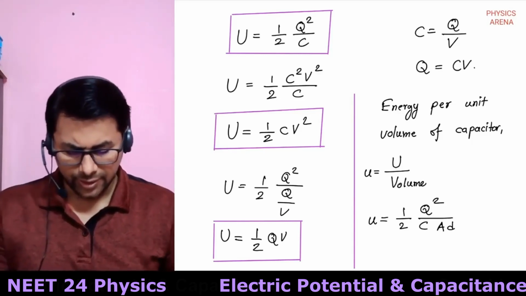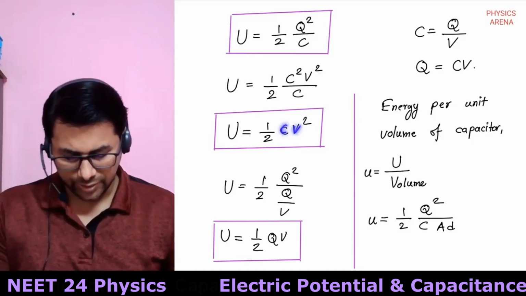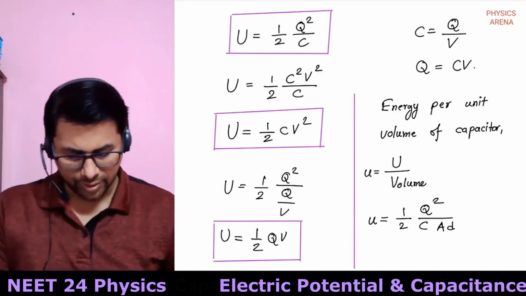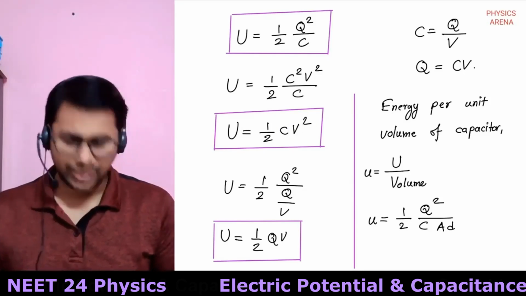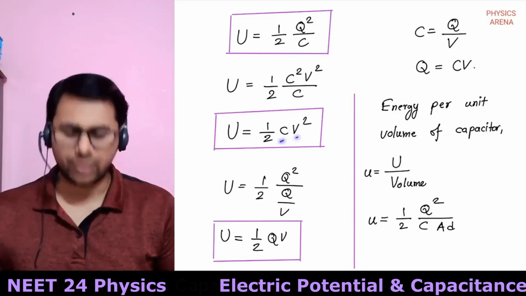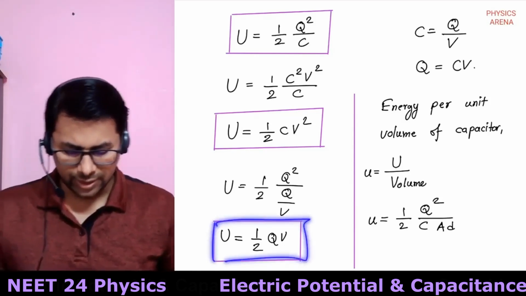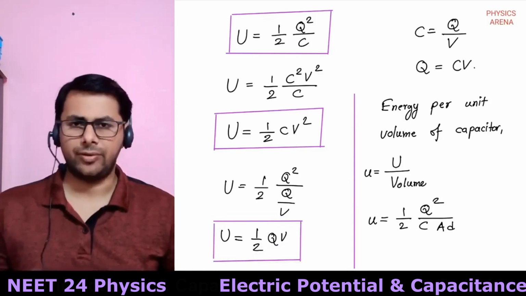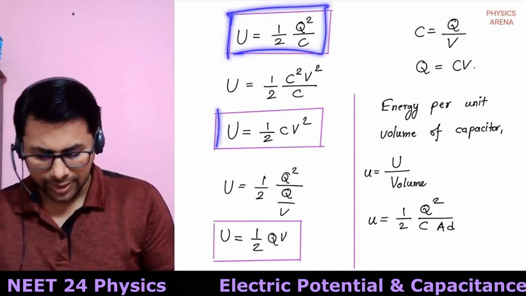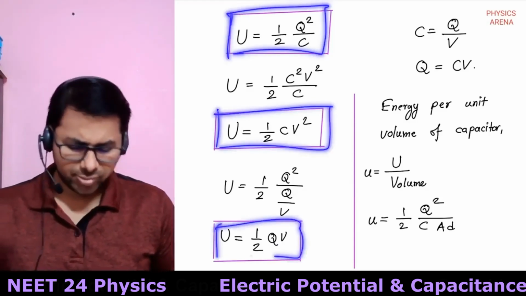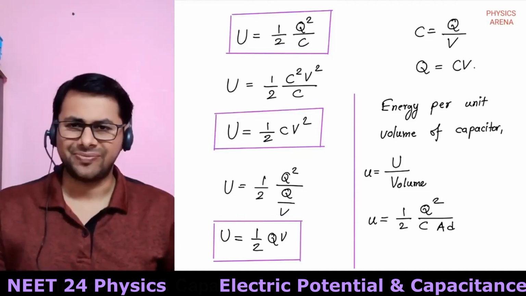Again, you can write either C or V in terms of Q, and you get another formula: half of Q times V. You have to remember this formula as well as this one. This one, if you want, you can remember; if you don't want, don't.